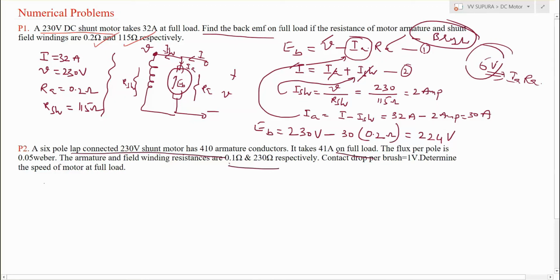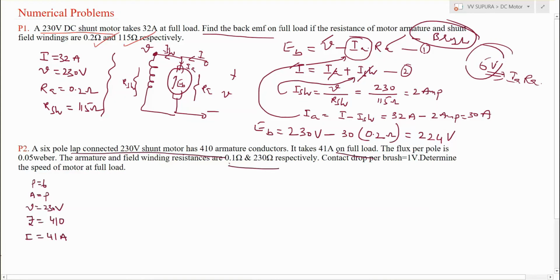Let's write the given data first. Number of poles is equal to 6. Number of parallel paths for lap winding is equal to the number of poles. Supply voltage is 230 volts. Armature conductors Z is equal to 410, and on full load the current drawn is 41 amperes.